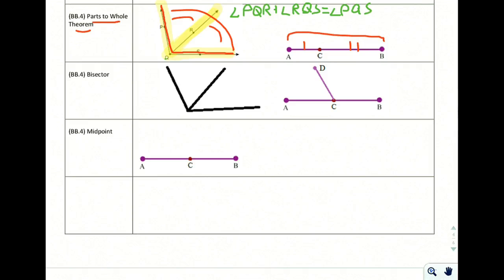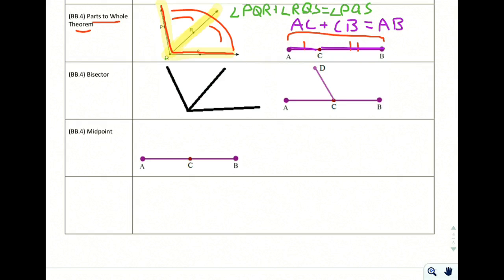We have segment AC plus segment CB, and together AC and CB is going to form AB. That's called parts to whole. And if you wanted to write out a definition, it's taking two or more parts and putting them together to equal the entire whole thing.